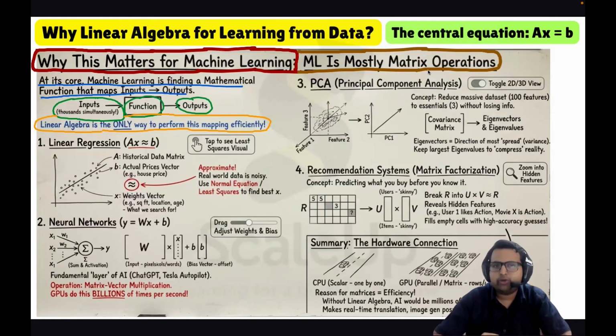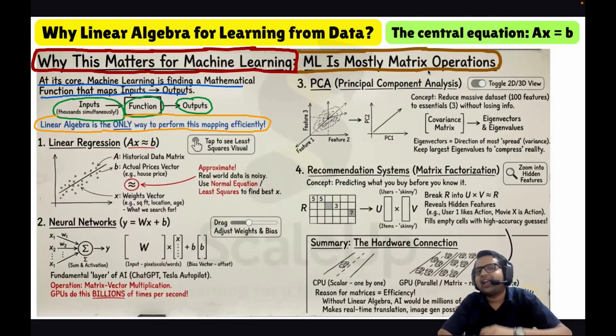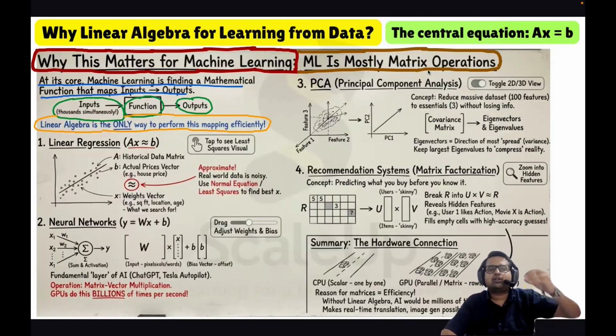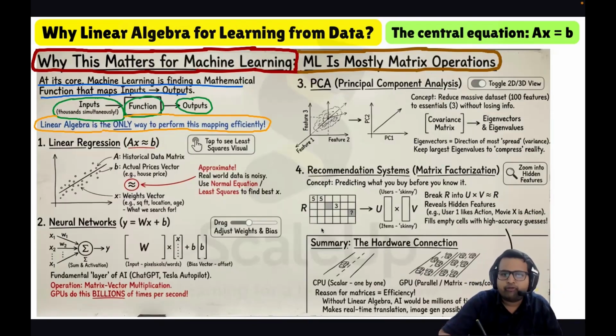Regardless of what algorithm you are using, any famous machine learning algorithm you take, you are doing some sort of matrix operations. Now one very interesting discussion we will do: this matrix operation has a very interesting hardware connection, especially with the GPU.